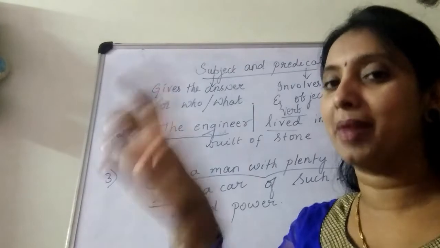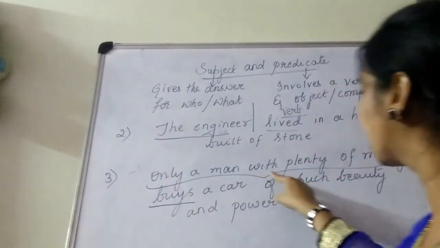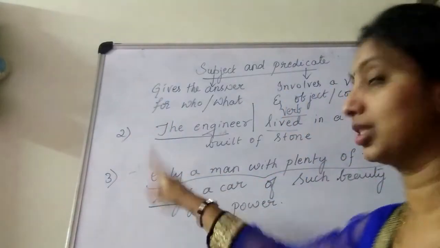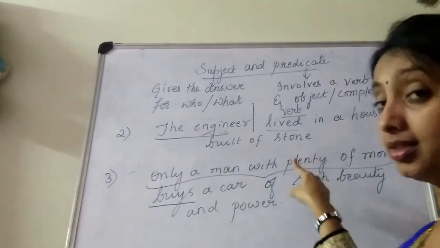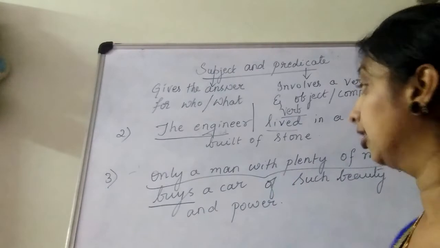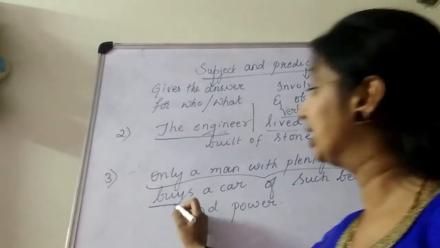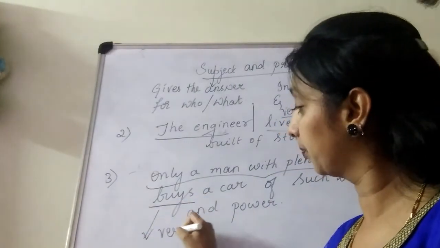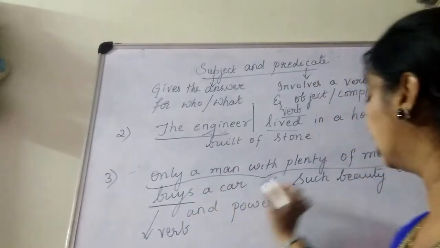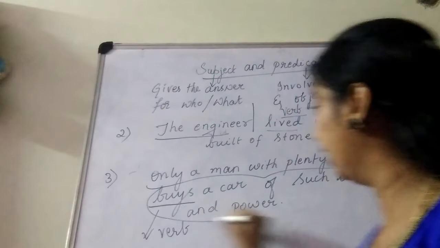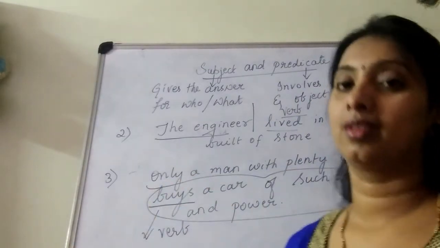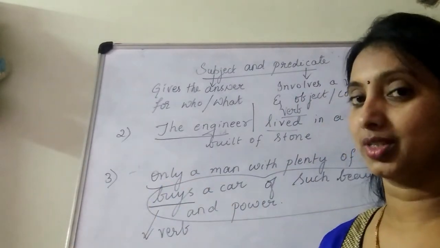So the whole expression, whole description becomes the subject here. So only a man with plenty of money is a subject. Buys is a verb. And buys a car of such beauty and power is the predicate. I hope you understood this one.